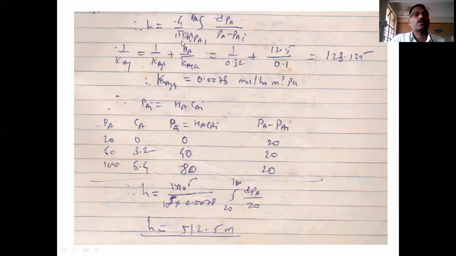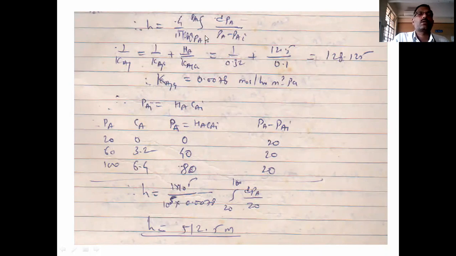Now G you know, 1 into 10 raised to 5, and pi you know, total pressure 10 raised to 5. KAGA we need to calculate. PA1 and PA2 you know.